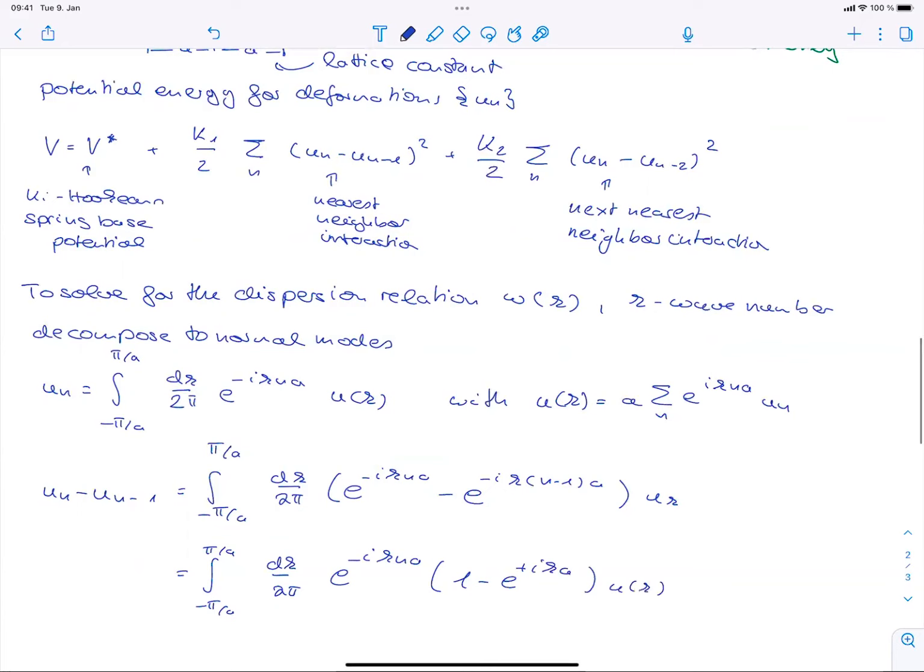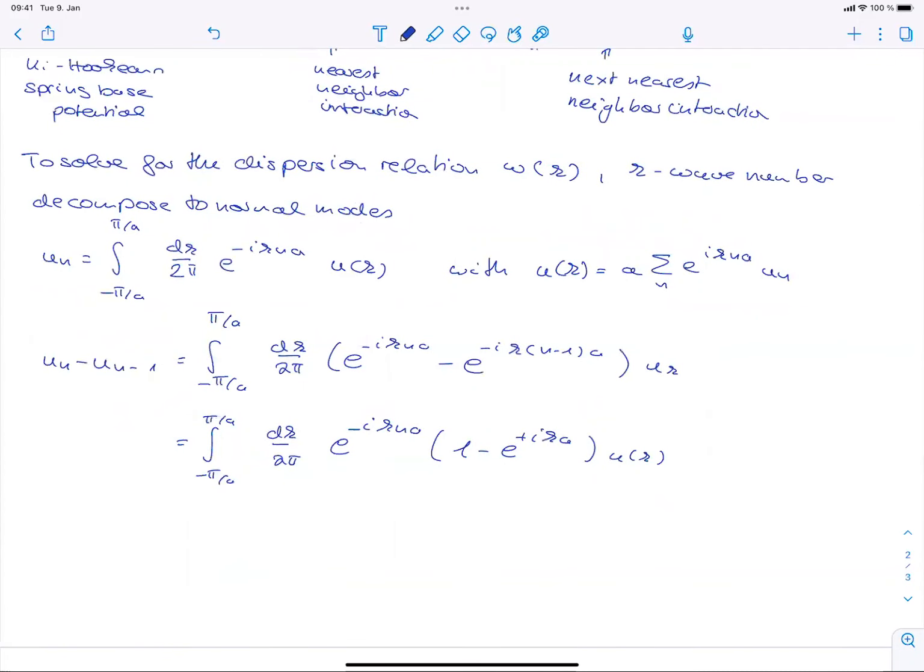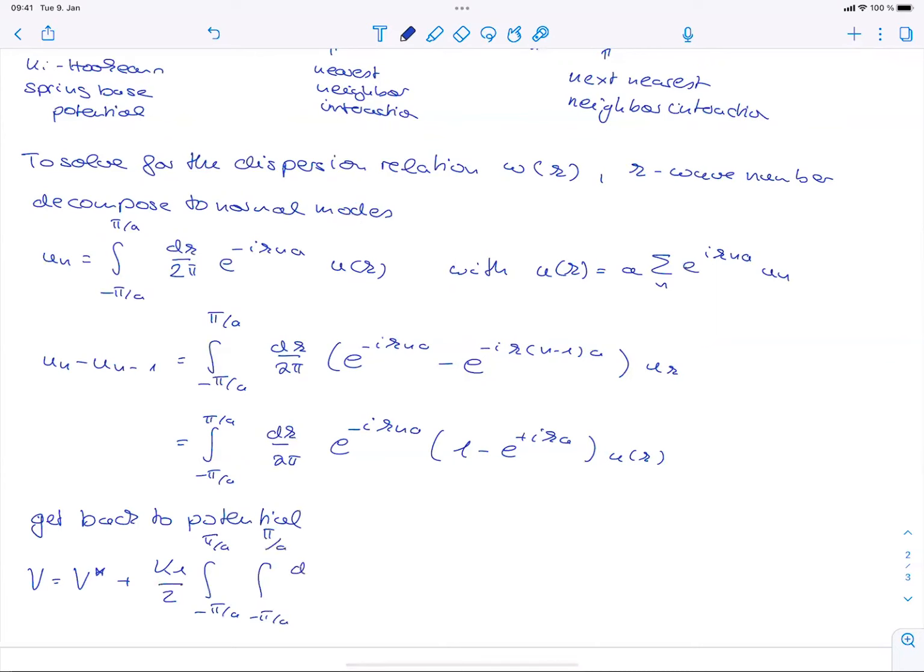And now we're going to square these terms to get back to the potential. We now have the constant, and now we're putting everything in Fourier space. And now we're taking care of the square. So we have two integrals over dk over 2 pi and dk prime over 2 pi.